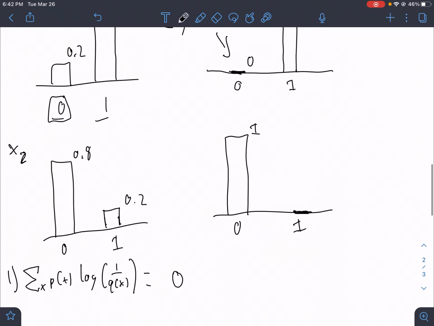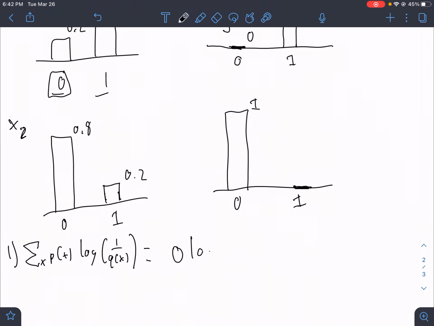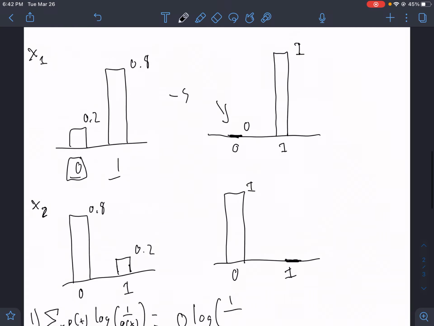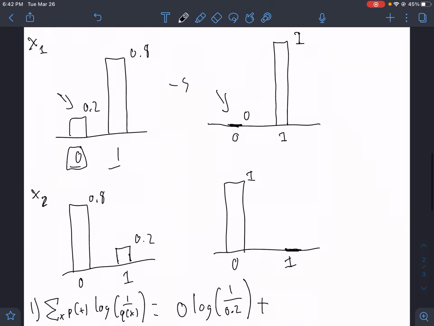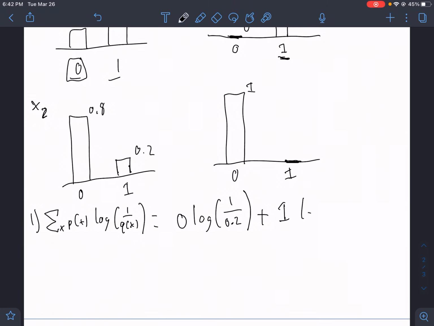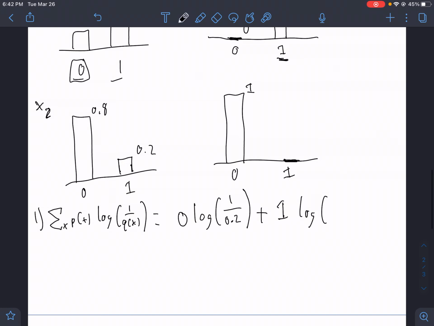That's a 0, and then we multiply that by the log of 1 over the Q of x at this point, which is 0.2. Now we also add our next element: the ground truth of the answer being a 1 is 1, and then the log of the prediction, the Q of 1, is 0.8, so it's 1 over 0.8 here.